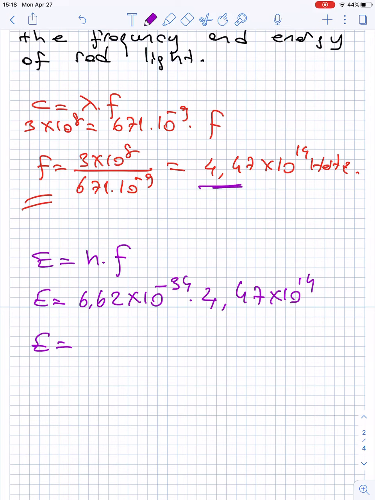The energy of the red light, my result is 29.5 times 10 to the power minus 20, unit of energy, joule.